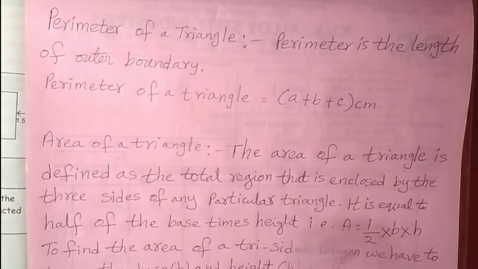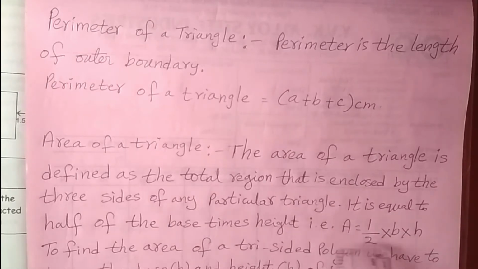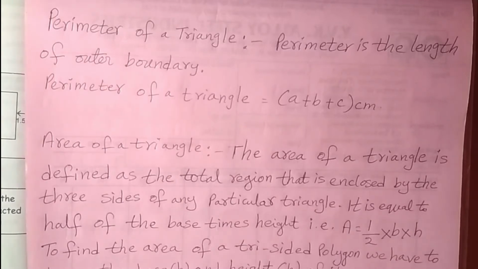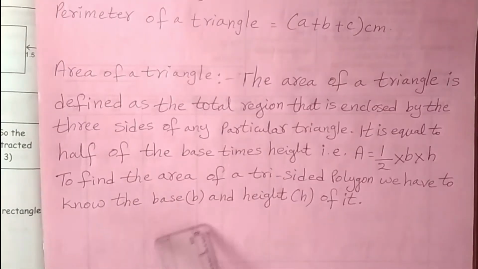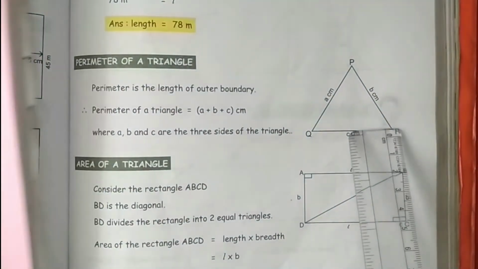It is equal to half of the base times height. That is A equal to half into base into height. To find the area of a three-sided polygon, we have to know the base B and height h of it. Okay, now I will explain in the example.